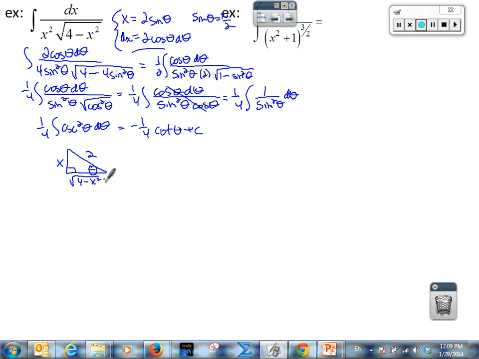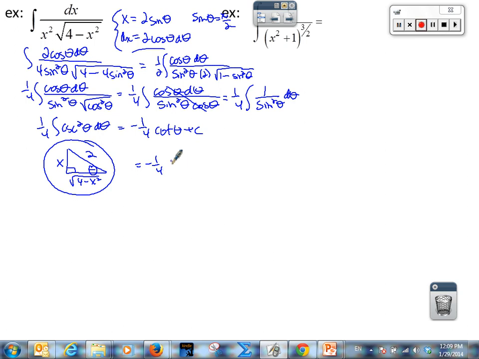And I'm going to use this representation here to translate my theta. I want to get it out of theta. So this is going to equal negative 1/4. We're going to read cotangent off of our triangle. Tangent is opposite over adjacent, so cotangent is adjacent over opposite.